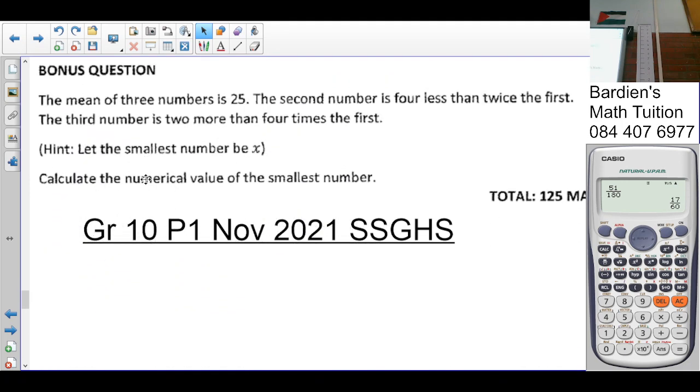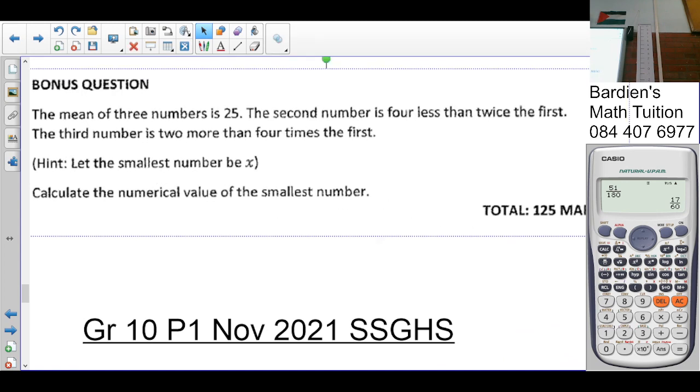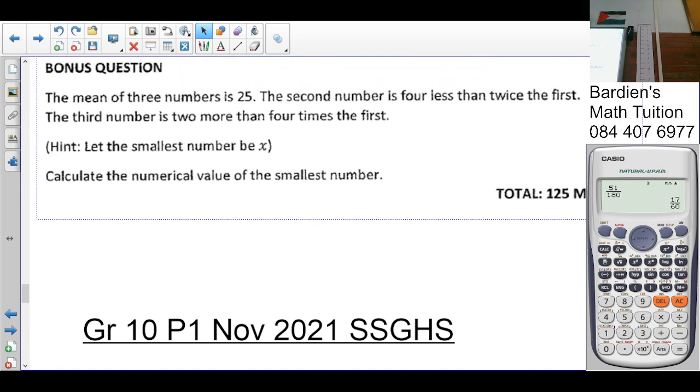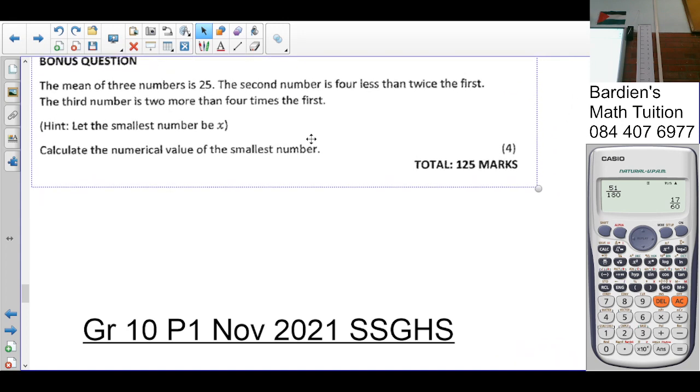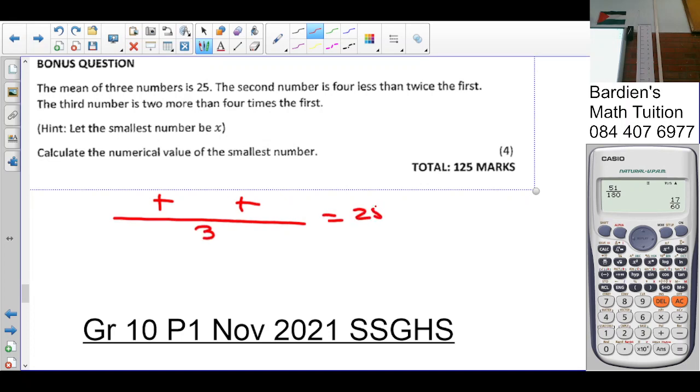The bonus question. We are told that the mean of 3 numbers is 25. So the sum of the 3 numbers divided by 3 is 25.